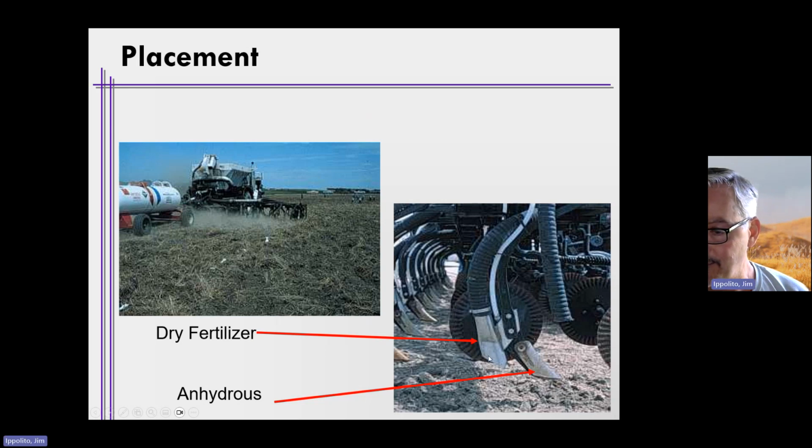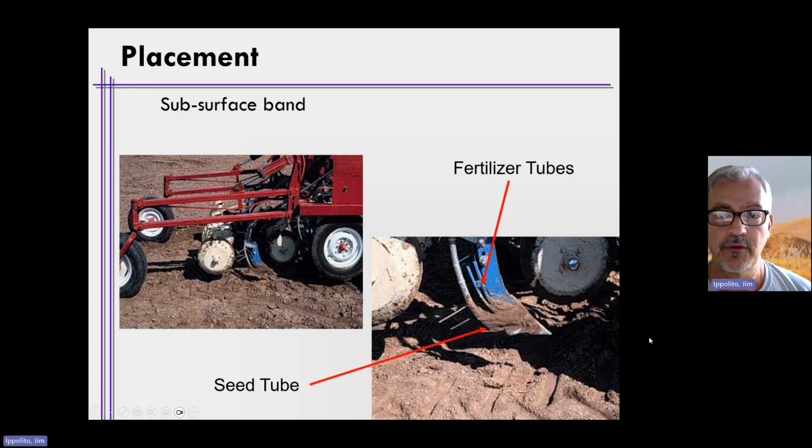I'll leave it at that. You can subsurface band, and you can do this with planting the seed. So here's an implement, and if you got up close and personal with that implement, this blue section here specifically, the seed, this is hard to see, but the seed tube is here, and the seed is planted.